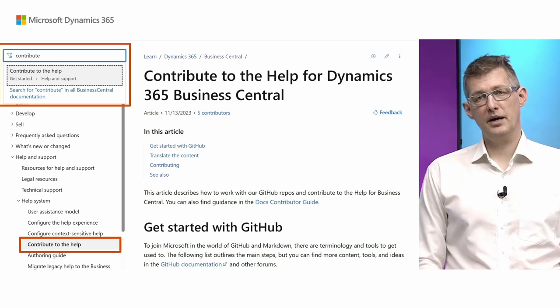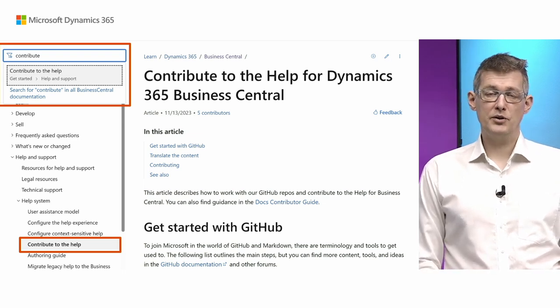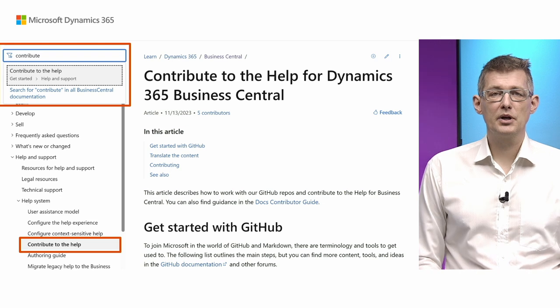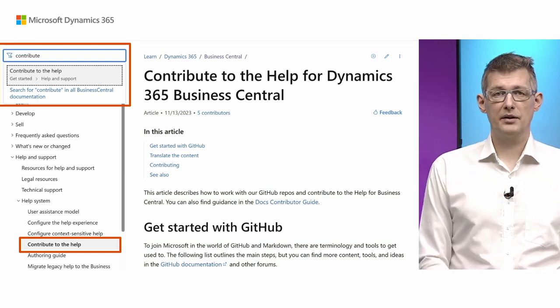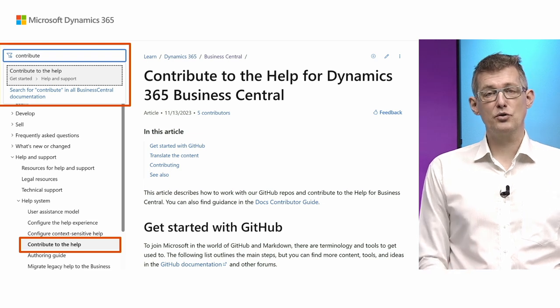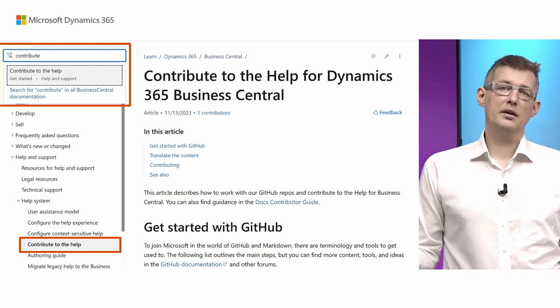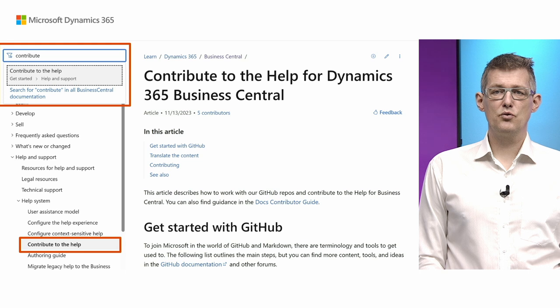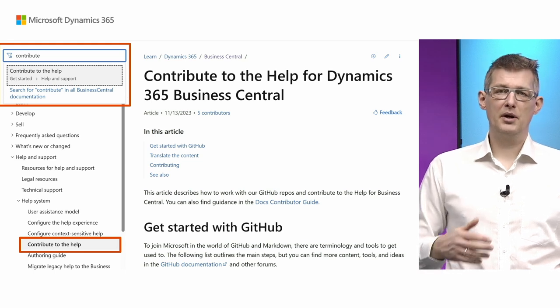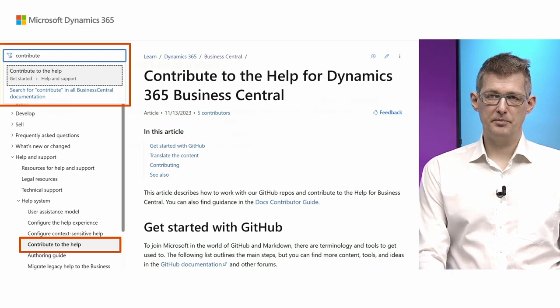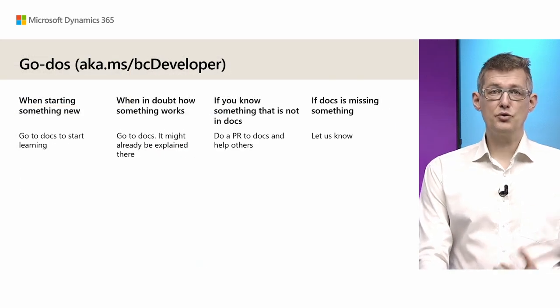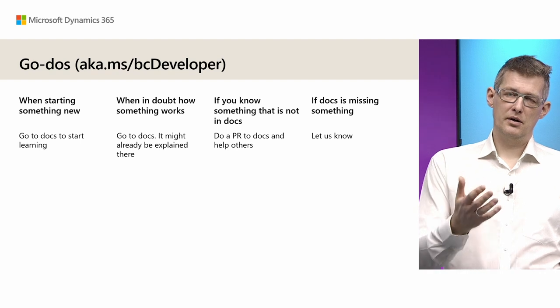The best way I find to get started is simply to search in docs for contribute, which helps you find the contribute to the help article. And this takes you through how to work with GitHub, how to do a pull request and contribute to the documentation.